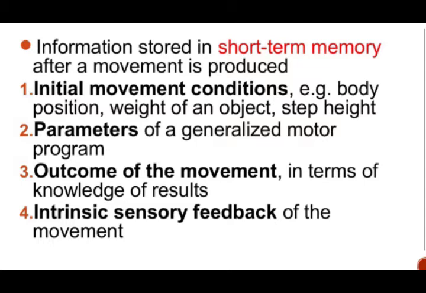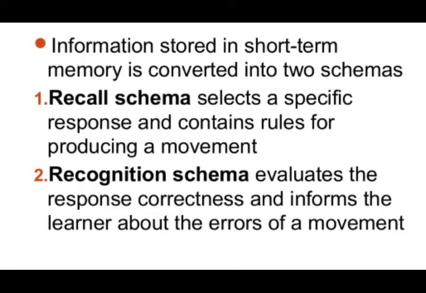Number 3, outcome of the movement in terms of knowledge of results. Number 4, intrinsic sensory feedback of the movement. On the other hand, there are two schemas that are converted from the information stored in short-term memory.